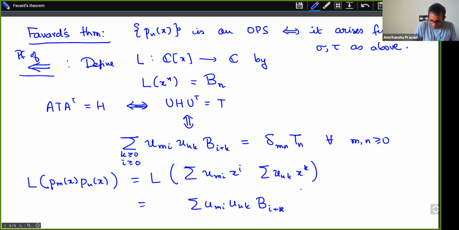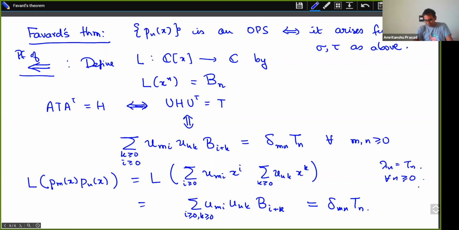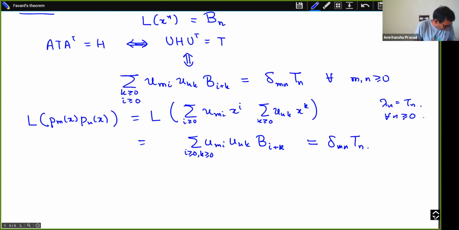But that's precisely this thing here. So this is a sum over all pairs, this is i and k, but this is exactly delta_mn. So in fact lambda_n turns out to be t_n. T0 is 1. And so that proves one way.